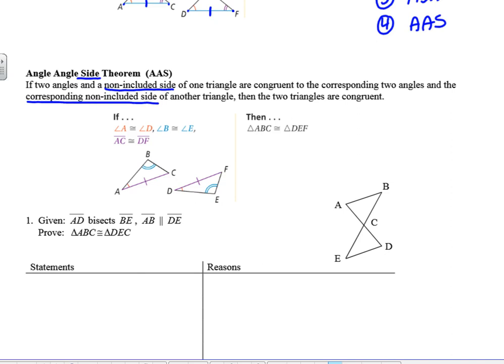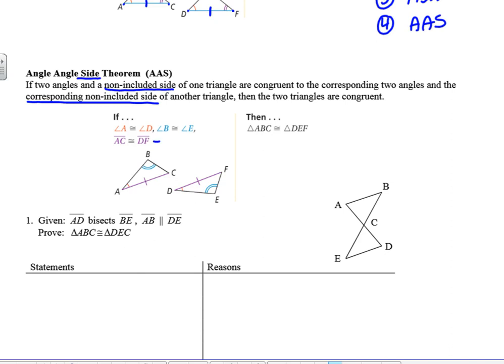As you look at this, we've got angle A and angle B congruent to angle D and angle E, and notice that side AC and DF is not included.